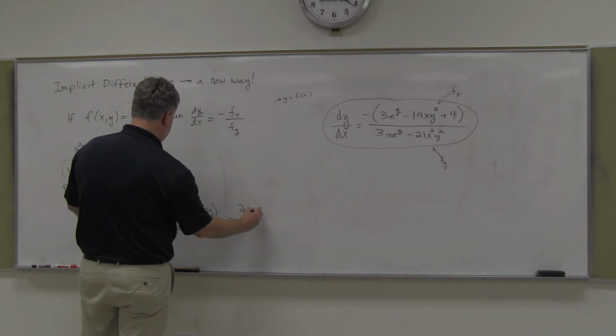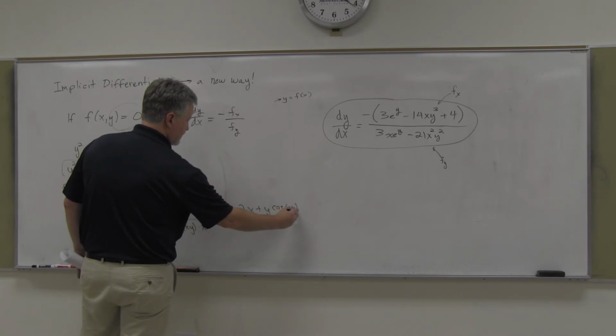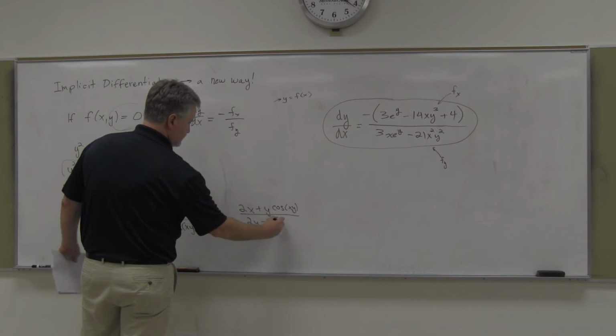So it's 2x plus cosine xy divided by 2y minus x cosine xy.